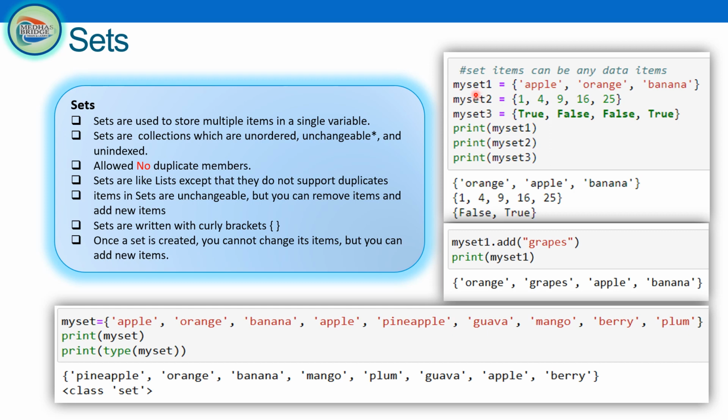Here is an example. Set 1 holds strings. Set 2 holds integers. Set 3 holds Boolean values. Look at set 1. Input and output: order of items displayed in output is not the same as input.